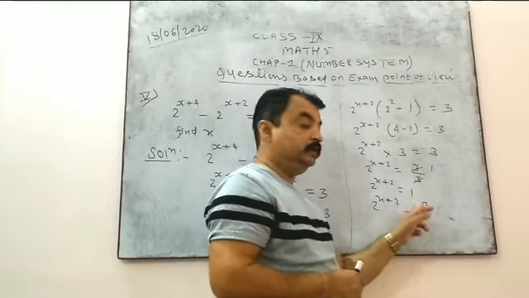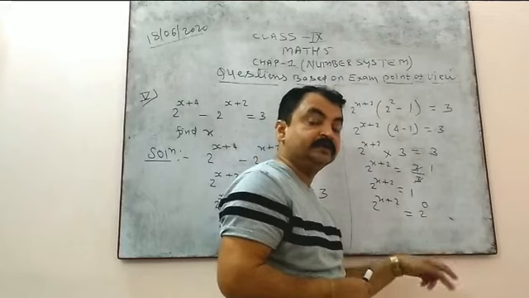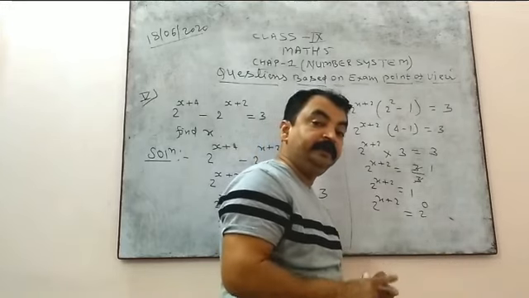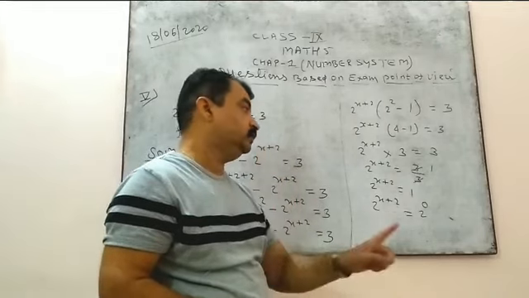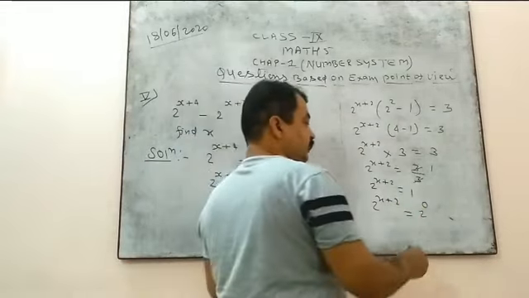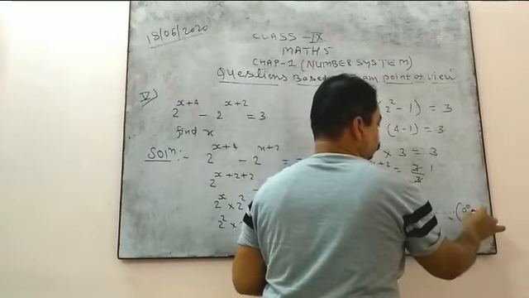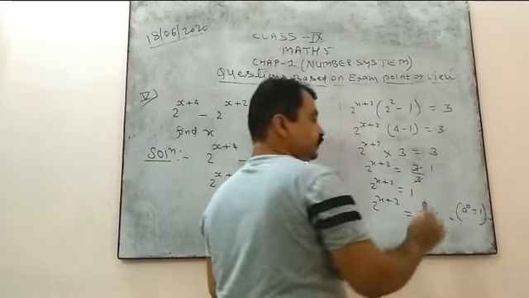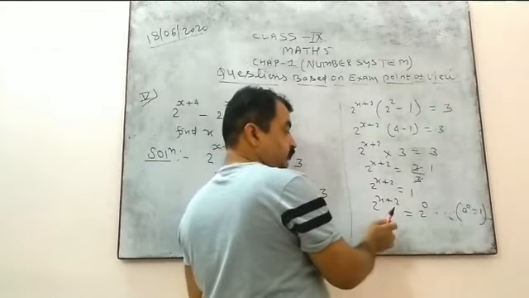The term is 1, and 2 raised to the power 0, according to the index rule, exponent rule, any base with the power 0, the value is 1. So 1 you can replace with 2 raised to the power 0. I can write here a raised to the power 0 is equal to 1. This is the index rule, exponent rule. Clear?